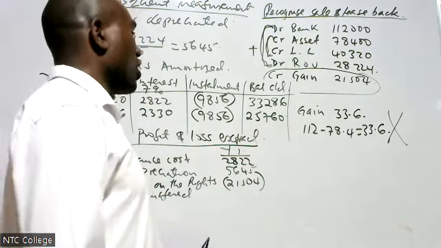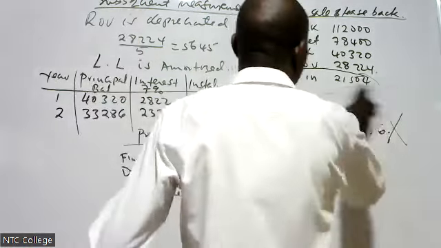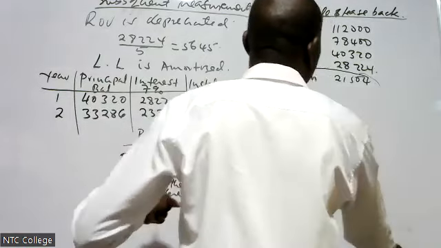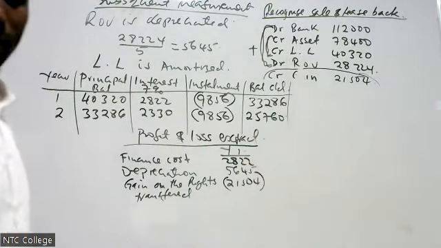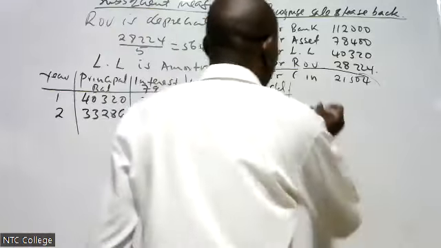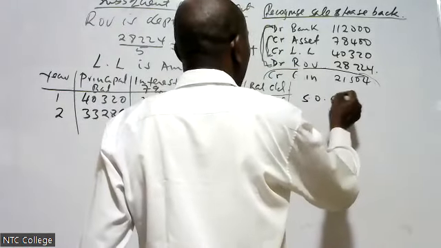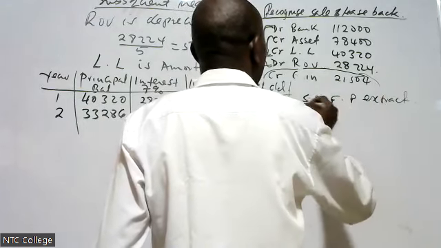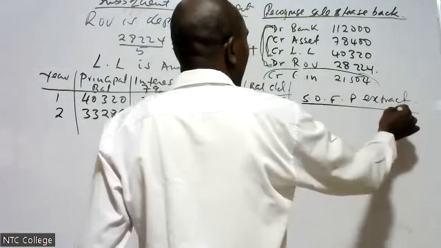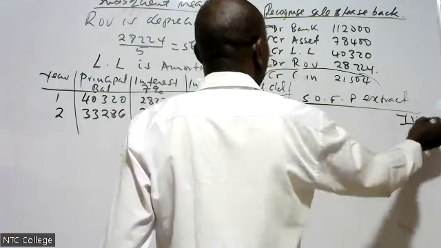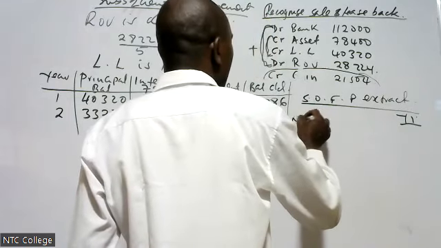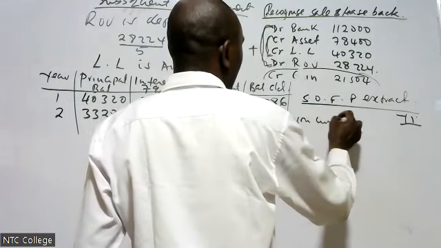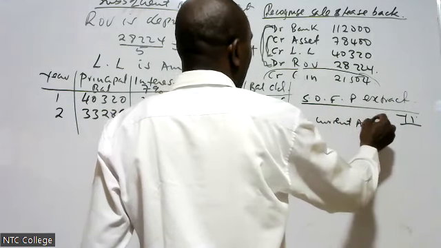Let's prepare the balance sheet extract, the statement of financial position extract. Here we have year one. We start with non-current assets.